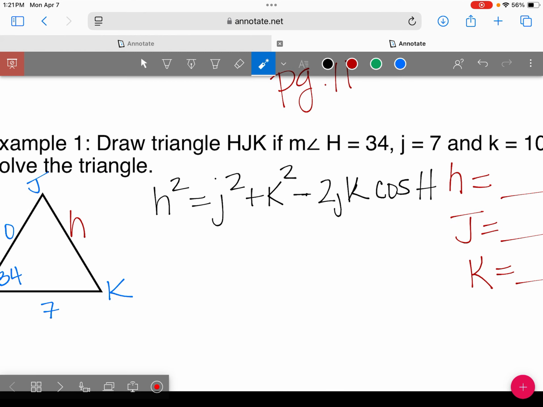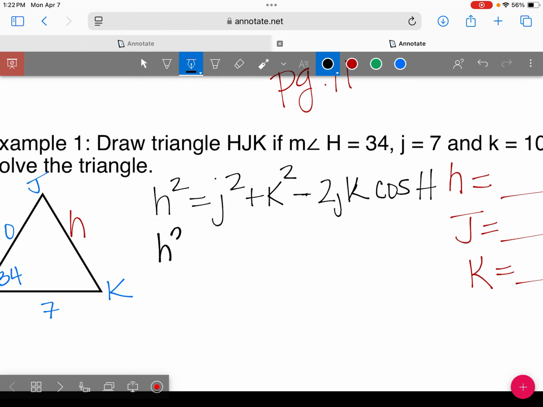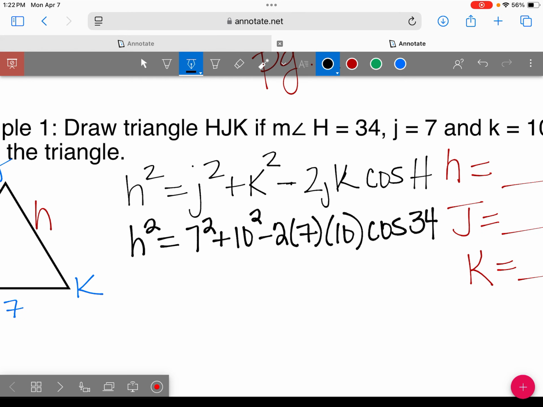So we have h squared. And I'm going to start plugging in my numbers. So h squared equals j squared, which is 7 squared, plus k squared, which is 10 squared, minus 2 times 7 times 10, and then the cosine of big H. Now, because h is squared, I'm going to have to take the square root.